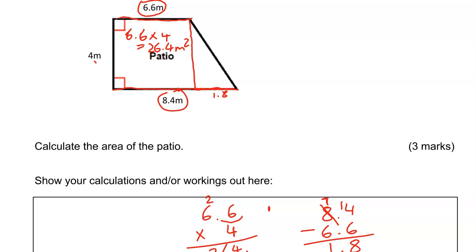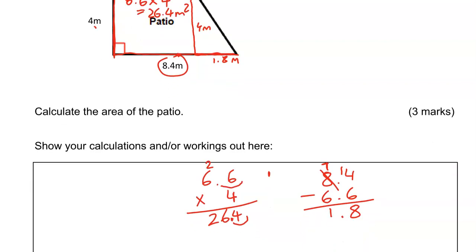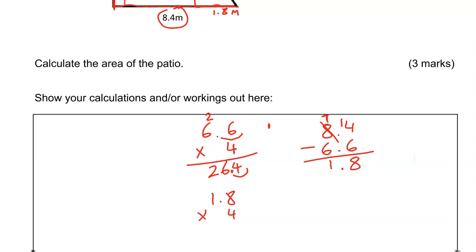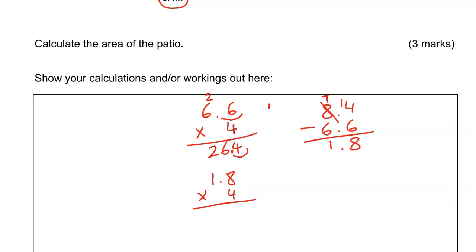That's the base of the triangle, and the height is 4, because these two lengths will be the same. So 1.8 times 4. 4 times 8 is 32, so 2 down and 3 is carried over. 4 times 1 is 4, and the 3, that is 7.